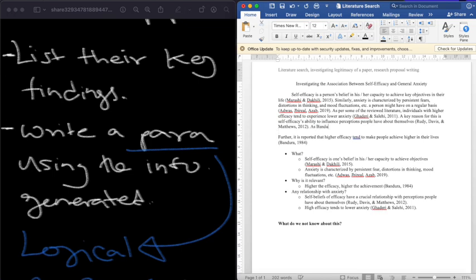As Bandura 1984 postulated, or maybe you could say theorized, higher efficacy enables people to achieve, let's say, higher enhanced efficacy.